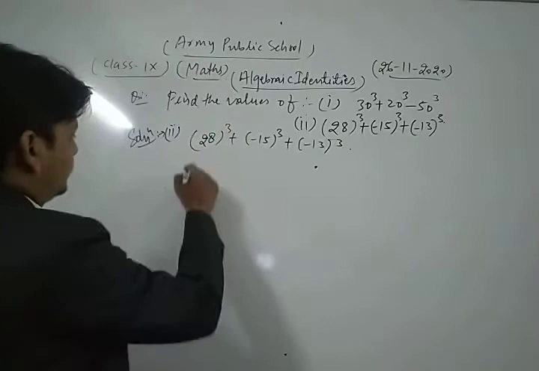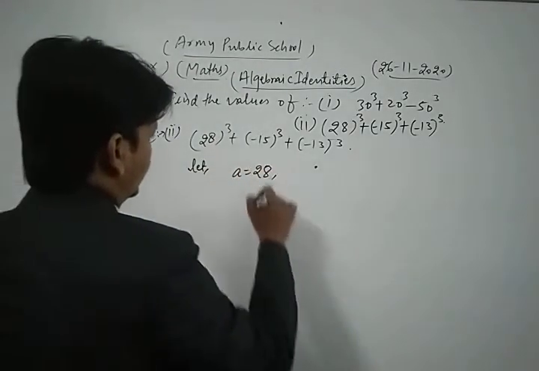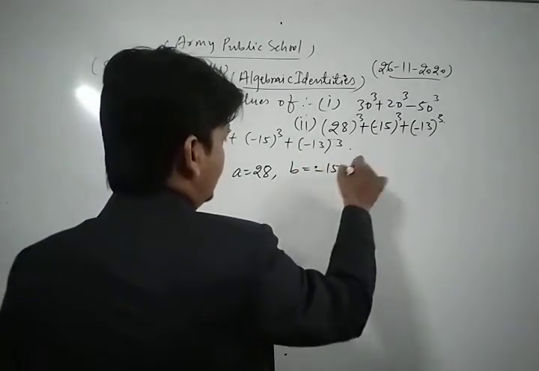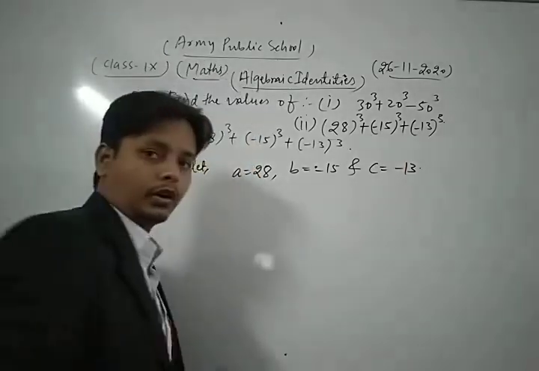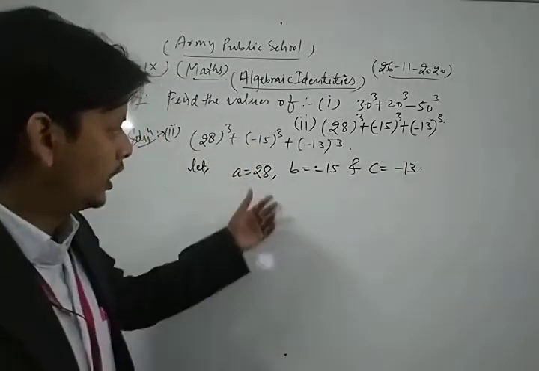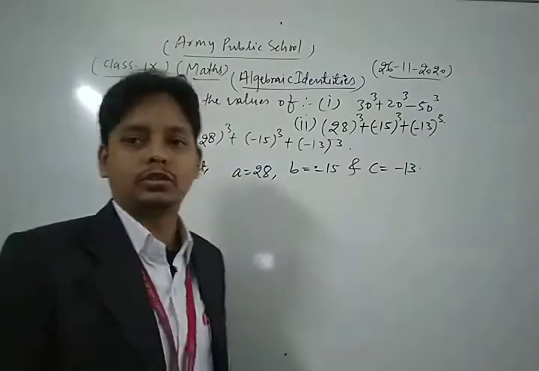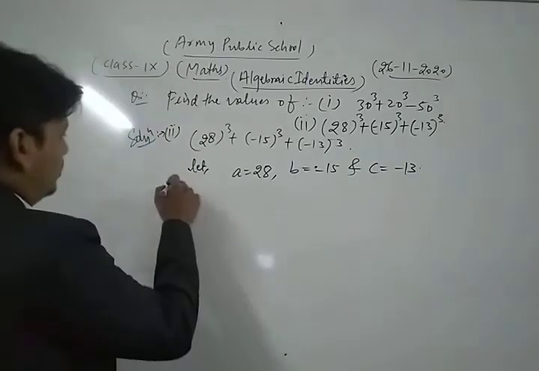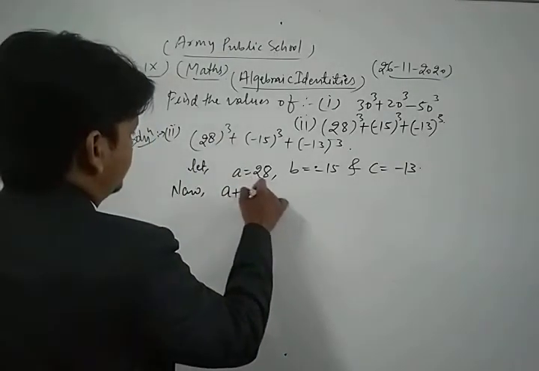Now first of all, let A is equal to 28, B is equal to minus 15 and the value of C is equal to minus 13. Now we check the value of A plus B plus C here.